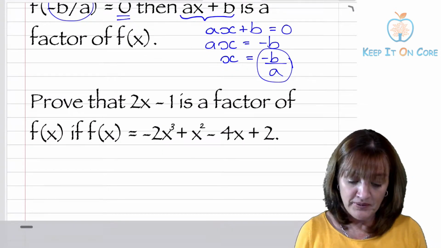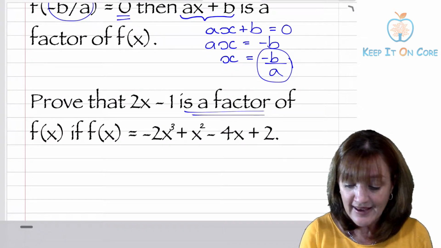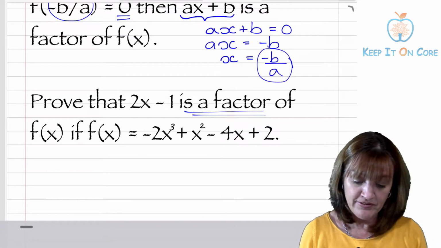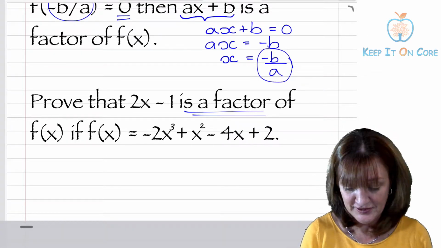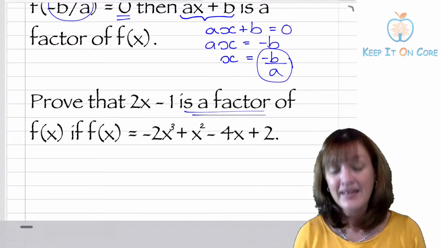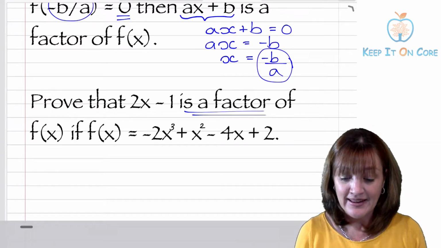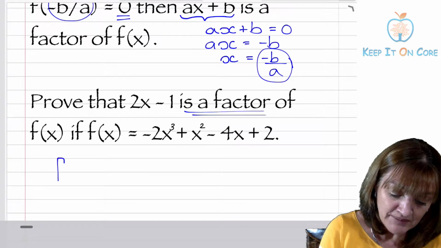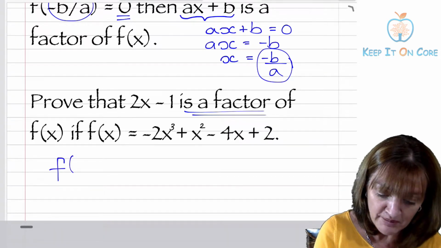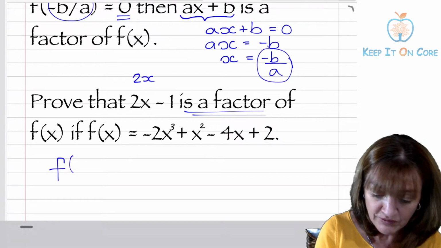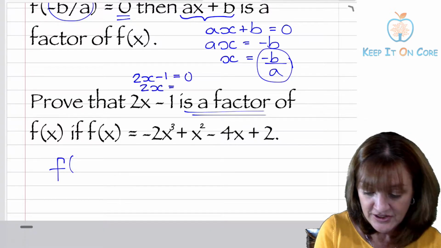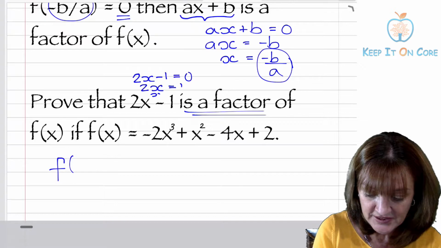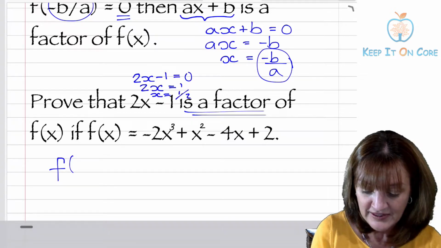So here's an example. If 2x minus 1 is a factor of f of x, it says prove that 2x minus 1 is a factor. Now, if it was a factor, then when I substitute my x's with, now remember the idea is you solve for x here, so you let it equal 0 and you solve for x, x is equal to 1 over 2.